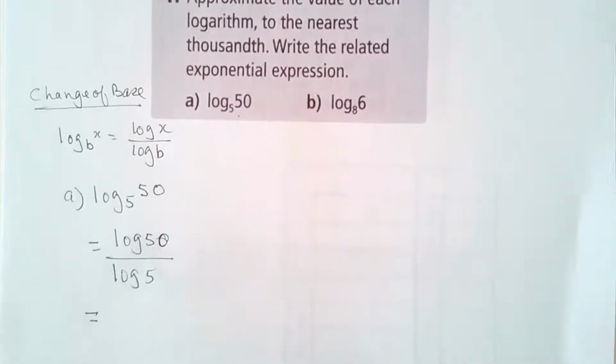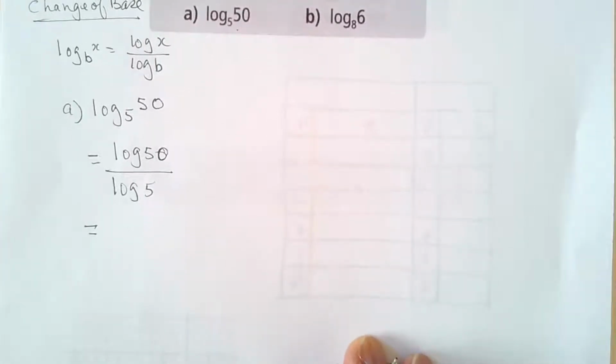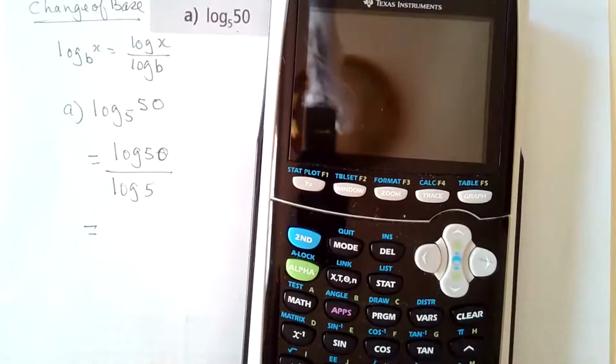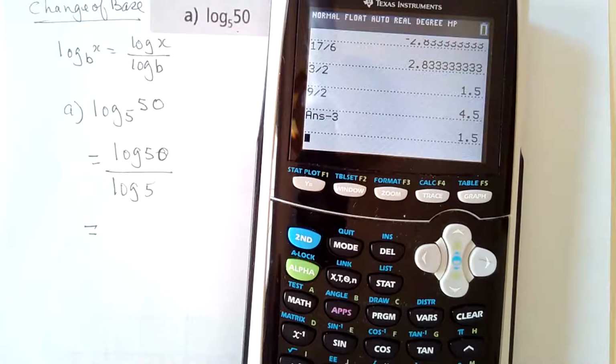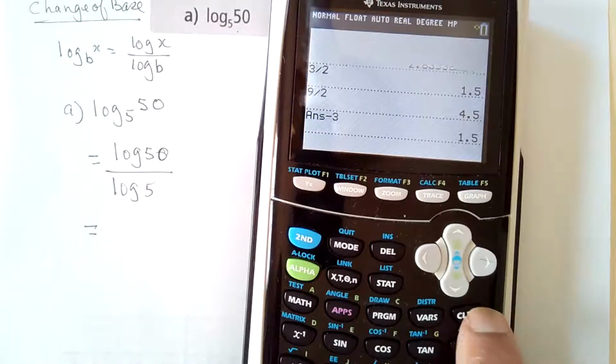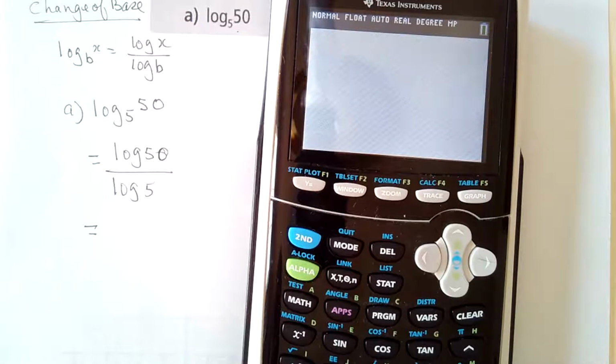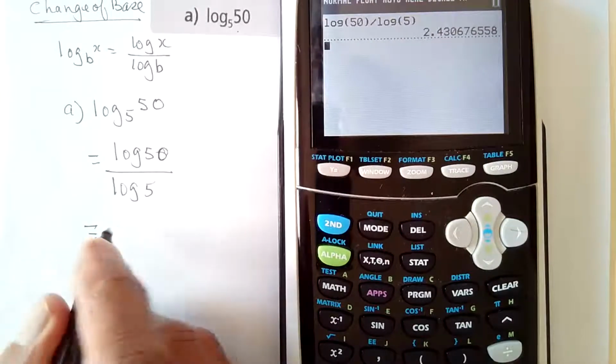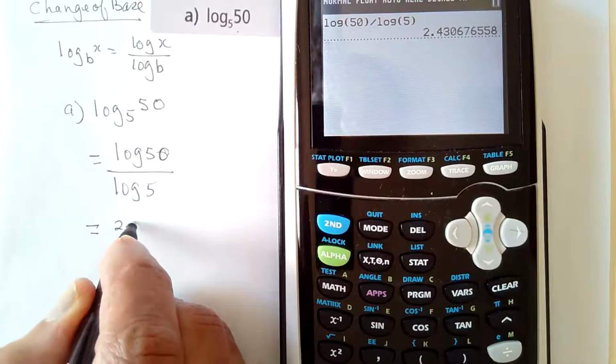And this will need our wonderful calculator here. So log 50, and this now is base 10. So we have log 50 divided by log 5, which gives me a result of 2.4307.